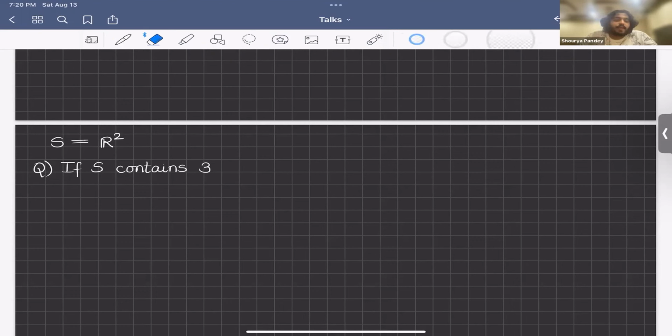Okay, so I want to classify all vector spaces in R square. That's my idea here. So I want to find all vector spaces in R.